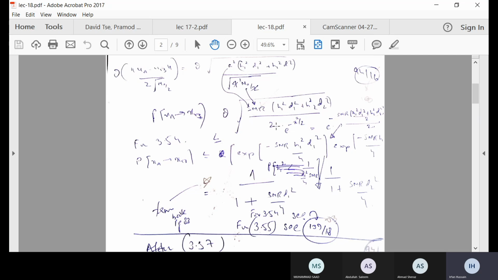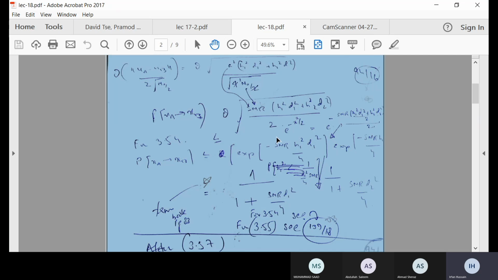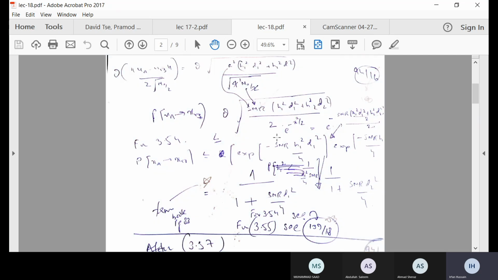But this n naught will go with a square. For BPSK, a square by n naught is equal to SNR, so I can put SNR. So now probability of confusing XA and XB is equal to this thing. So there is no e to the minus x square over 2. So this is my now probability of error.